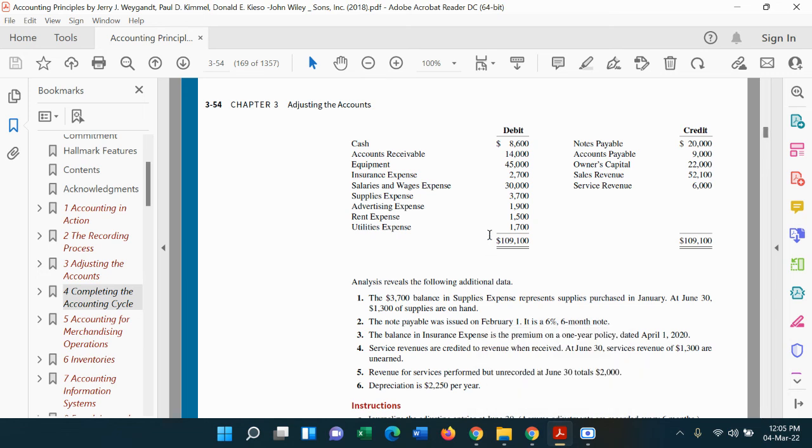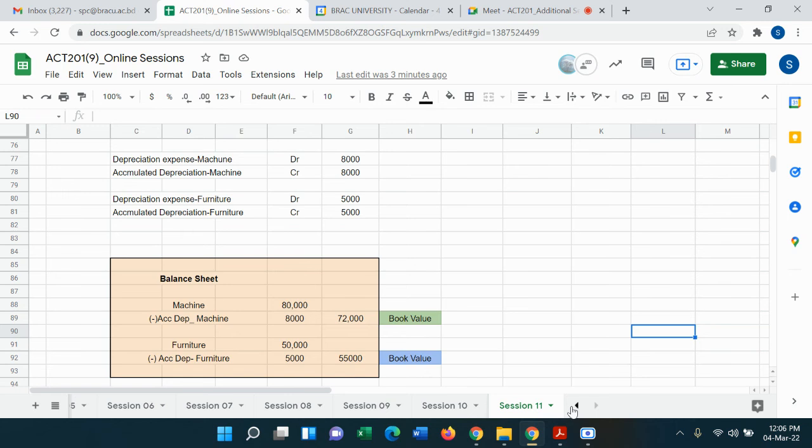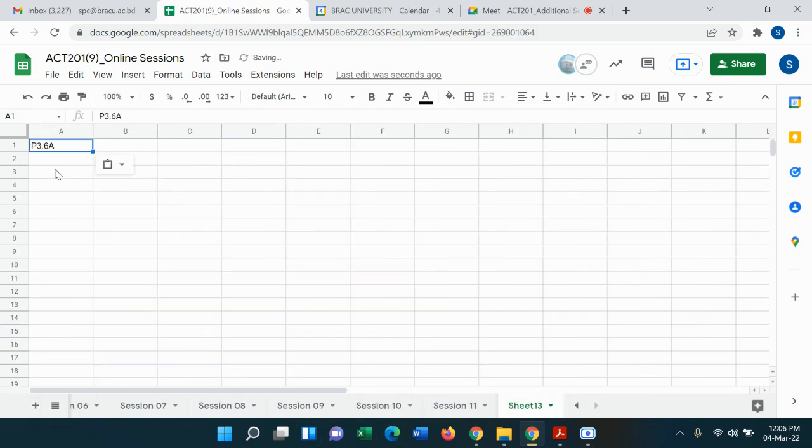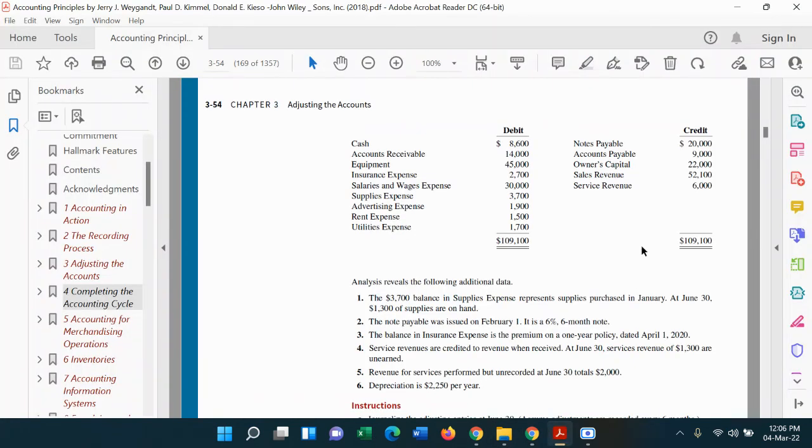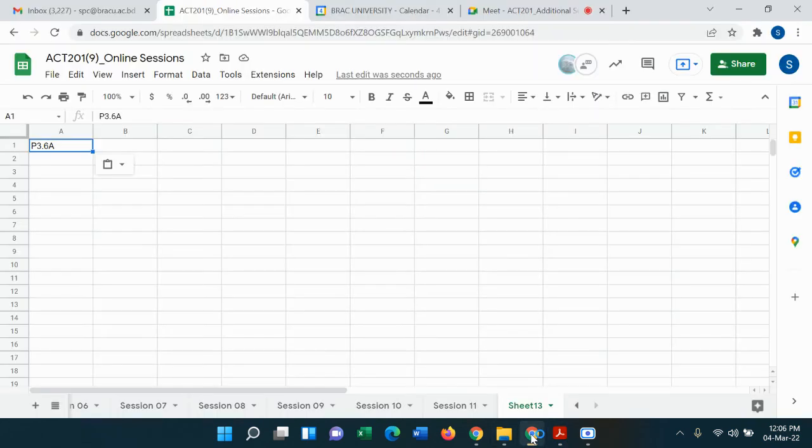So I am suggesting you prepare a worksheet with this problem, P36A, page number 169 or 168, whatever you mentioned, of the PDF.